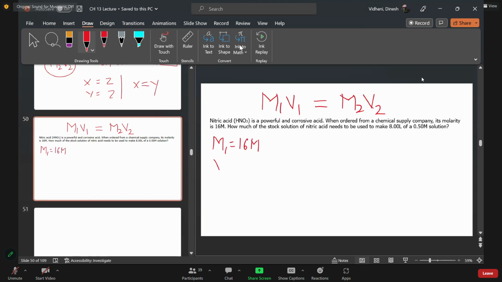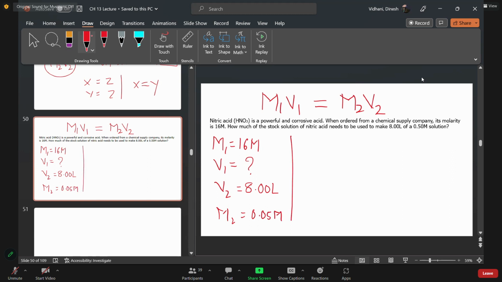V1, we don't know how much stock solution we should be using, so that's what we need to find. V2, which is your resulting solution, the dilute solution, that is 8 liters. And sorry, that one is the volume. And M2 is 0.05 molar.